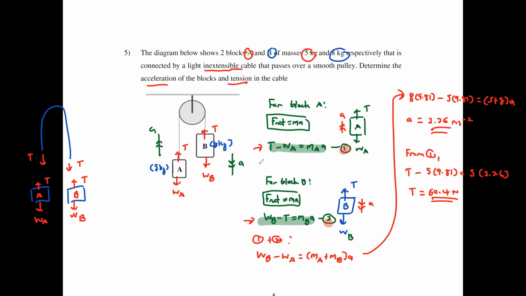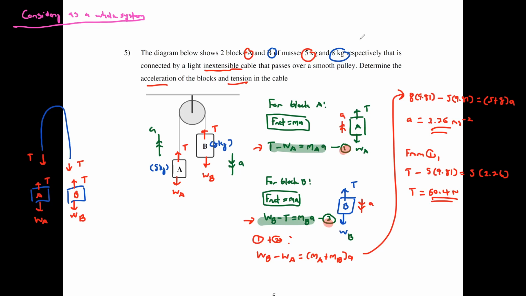Now, if you want to use the other method from just now, considering it as a whole system, you can still get the same answer. So let's just say I write this somewhere here. Considering as a whole system. I consider this one as being laid flat in one way or another.